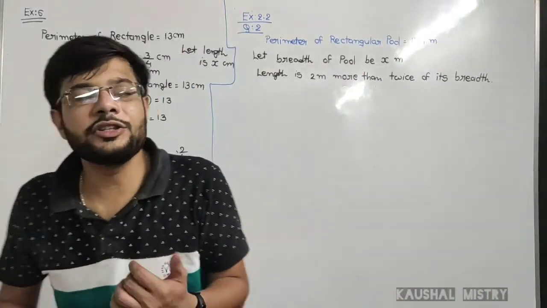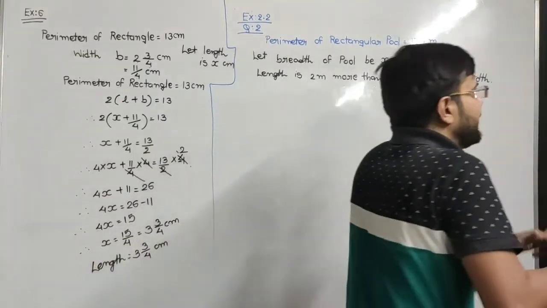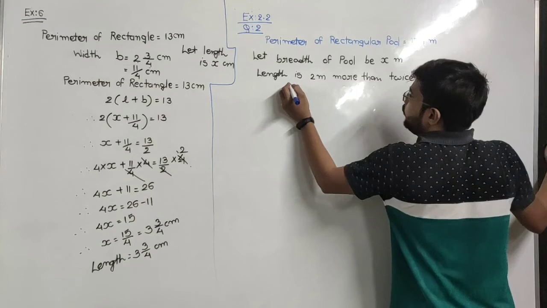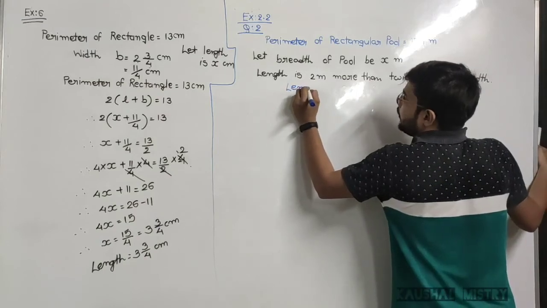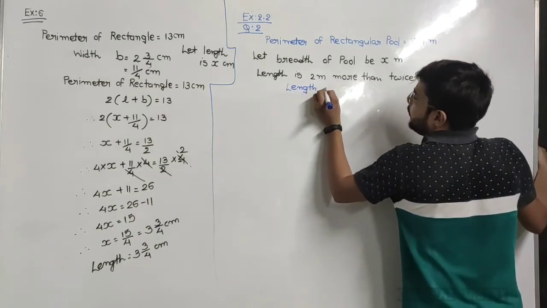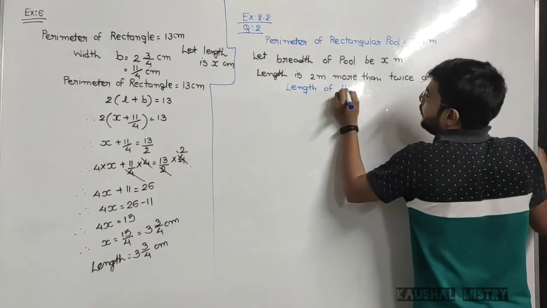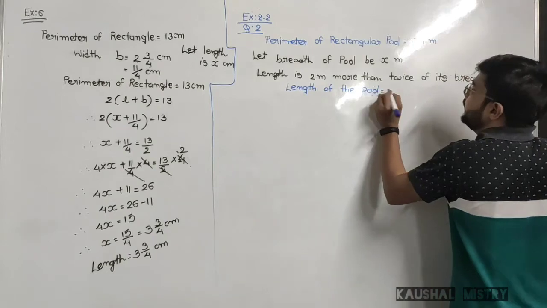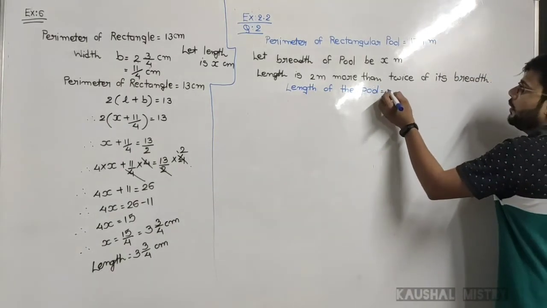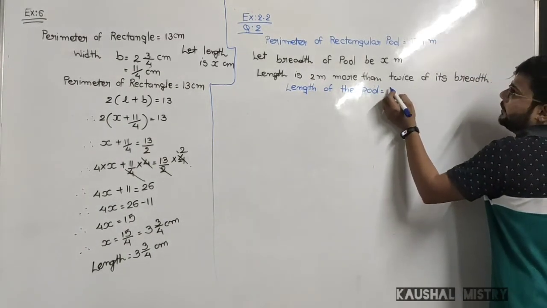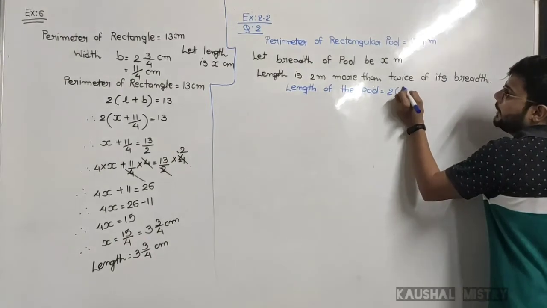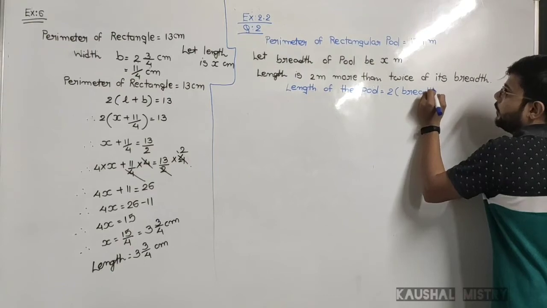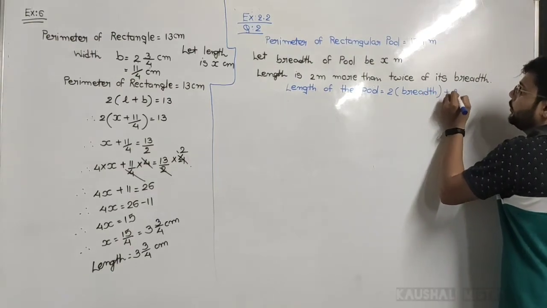Twice its breadth means 2 multiplied by breadth plus 2. That means the length of the pool will be equal to twice its breadth, that means 2 multiplied by breadth plus 2, right?